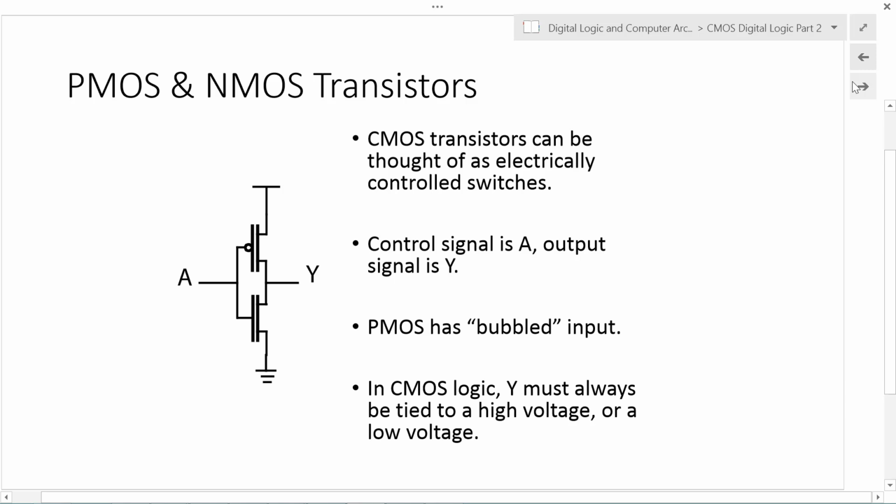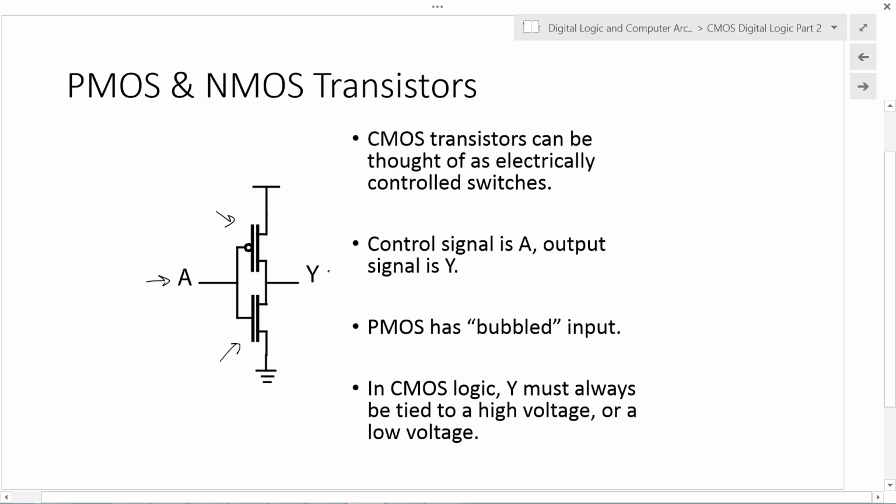So PMOS and NMOS transistors are applied here in an inverter. We can think of them as electrically controlled switches, and in this circuit we've connected the PMOS transistor here and the NMOS transistor here in a series format and given them both the control signal A as input.